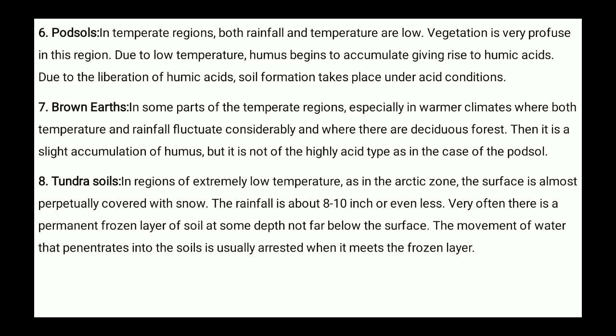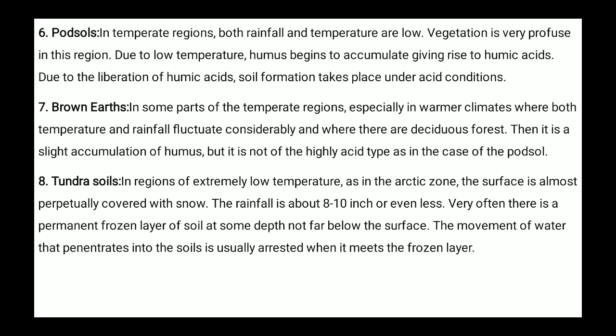The rainfall is about 8 to 10 inch or even less, and this rainfall is in the form of snowfall. Very often there is a permanent frozen layer of soil at some depth below the surface. The movement of water that penetrates into the soil is usually arrested when it meets the frozen layers.